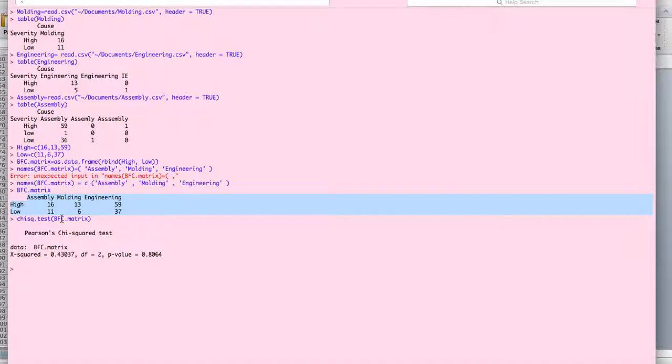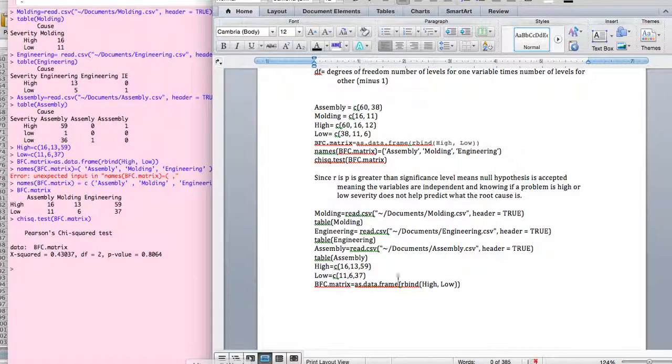Then doing the chi-square test, I was able to see that there was a p-value of 0.8064, which is really high. It's a lot higher than a 0.05 or 0.01 significance, meaning that we accept the null and that the variables are independent.